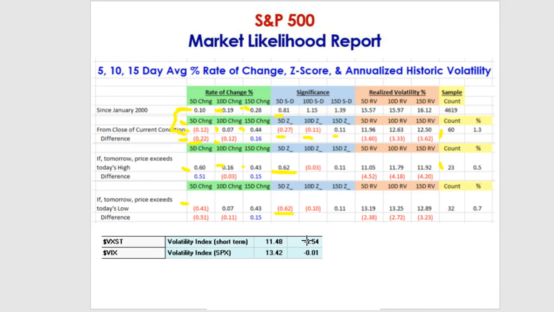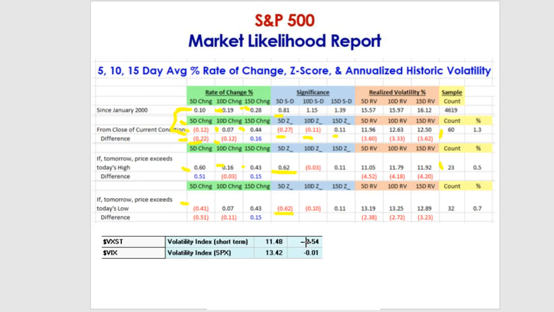So pay attention on Monday. That's the motto here. On Monday, pay attention. You'll have a likelihood that in the short term, price is going to continue in that particular direction, either to the upside if it goes above Friday's high, or to the downside if it goes below Friday's low. That's what we're looking at here.